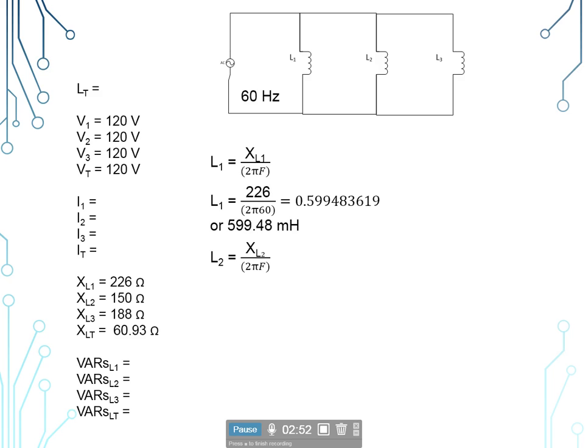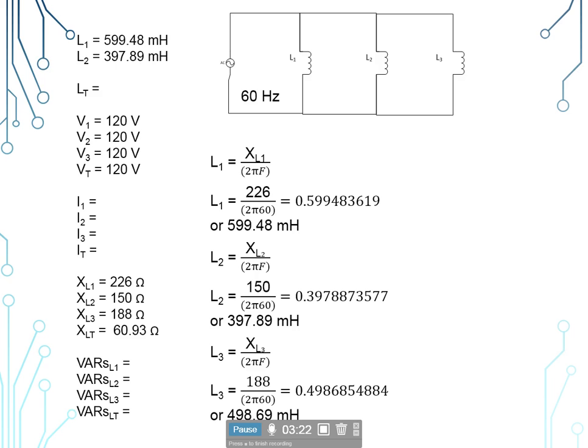L sub 2 is equal to X sub L2 divided by 2 times pi times our frequency of 60 hertz. X sub L2 is 150 ohms. That would come out to be 397.89 millihenries. And L sub 3 is equal to X sub L3 divided by 2 times pi times our frequency of 60 hertz. X sub L3 is 188 ohms, and that would give us 498.69 millihenries.